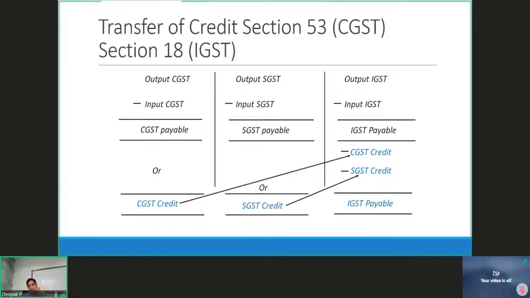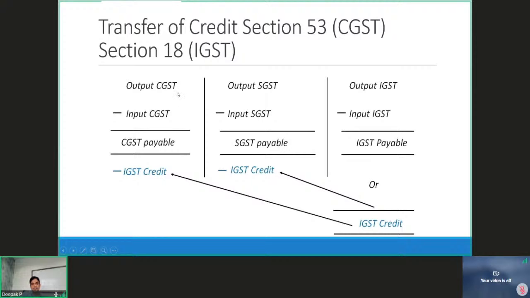The law says give me the credit, so I have taken the credit. At the back end, you do anything, I don't care. At the back end, section 53 will do all of these things. Section 53 will say, this credit which is being utilized for IGST, don't worry, I will transfer whatever taxpayers have reduced, I will give it to you. This is what is called the transfer of credit.